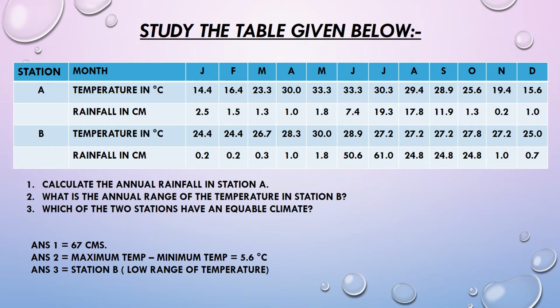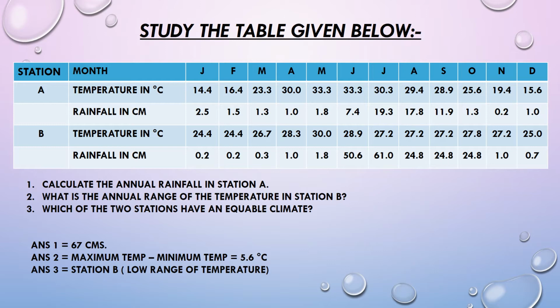Calculate the annual rainfall in station A. So in station A, from January to December, you are going to add up all the numbers given in the station A rainfall.